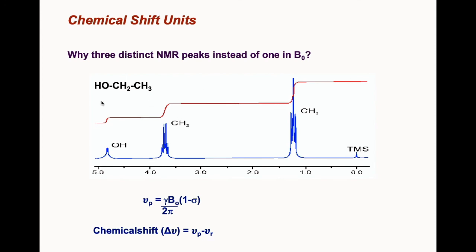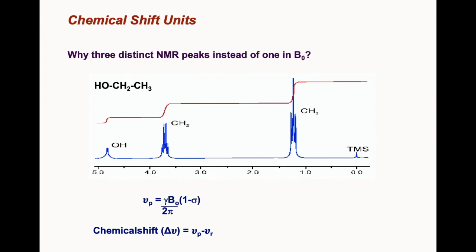As you can see here, this proton has a different electron density, this methylene proton has a different electron density, and this methyl proton has a different electron density. As a result, the shielding constants are different. Since the shielding constants are different, each proton will resonate at a different position.